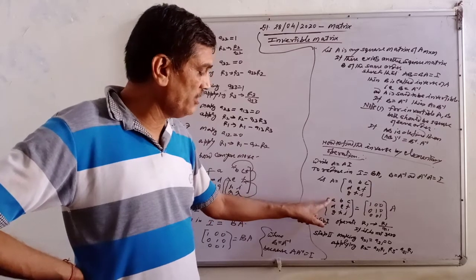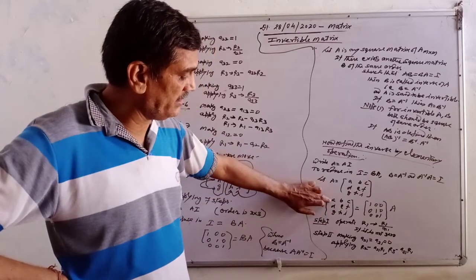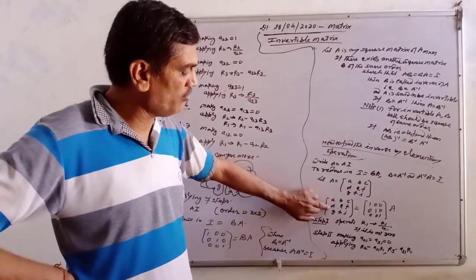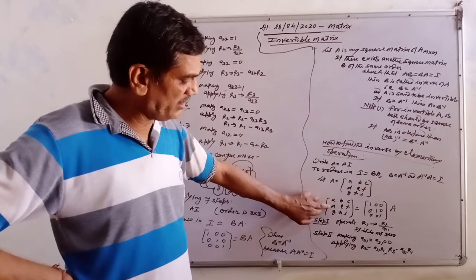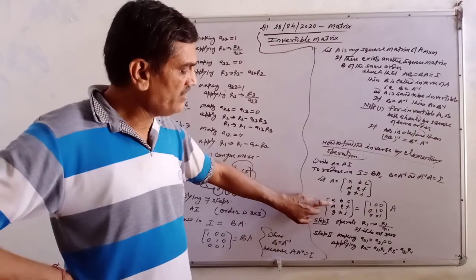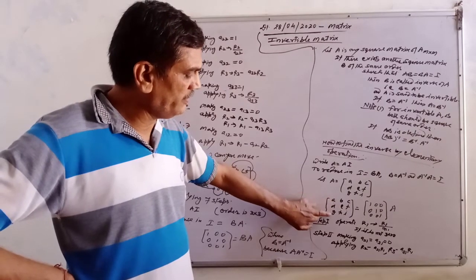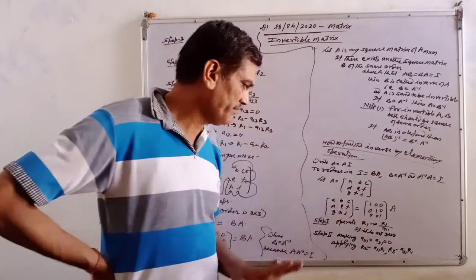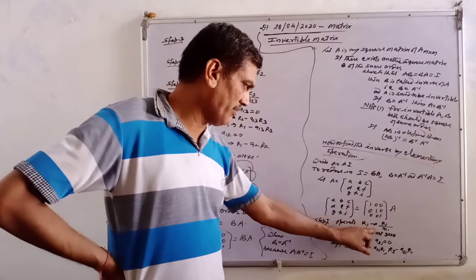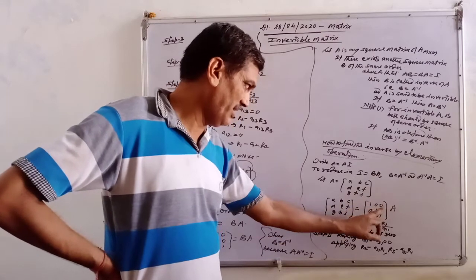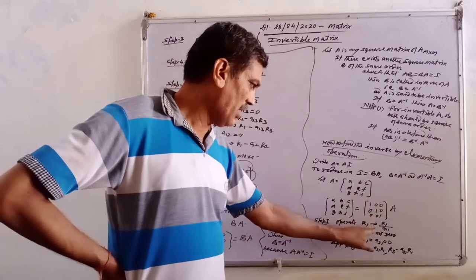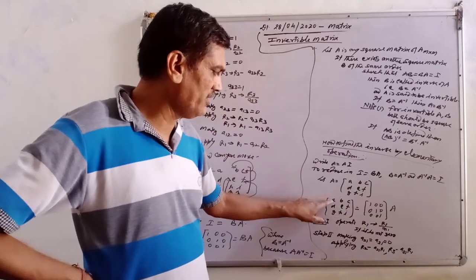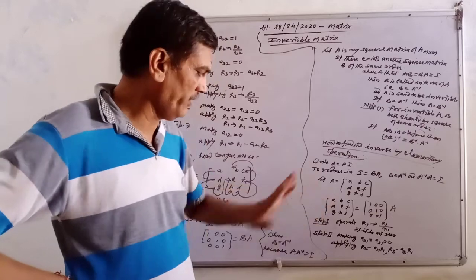And if the first element is 0, then you can interchange: if it is 0, interchange R1 and R2; if the R2 element is 0, interchange R1 and R3. Okay, then apply this. In this way, you apply on both sides, here and here: R1 tends to R1 upon A11, dividing by this, then this element will become 1.